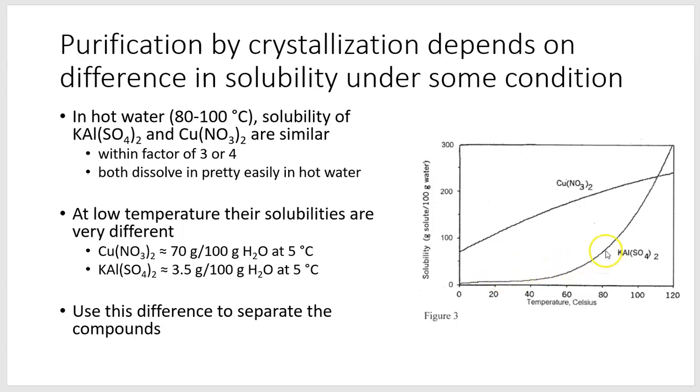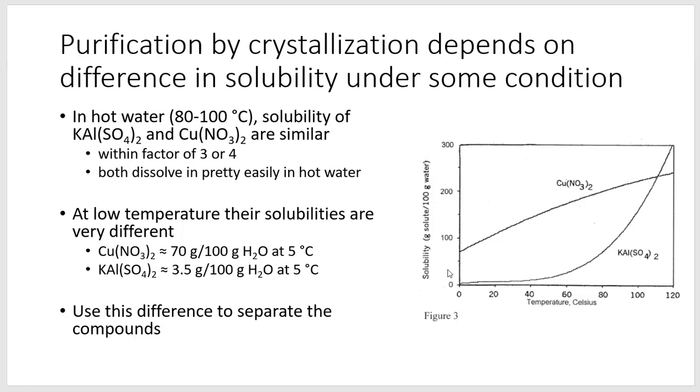But if we heat up, if we go up to between 80 and 100 degrees, we can see alum is fairly soluble. I estimated around 70, 80 grams per 100 grams of water. And the copper nitrate is really soluble. So what we can do is take our mixture of these two compounds, heat it up in water, and everything will dissolve.